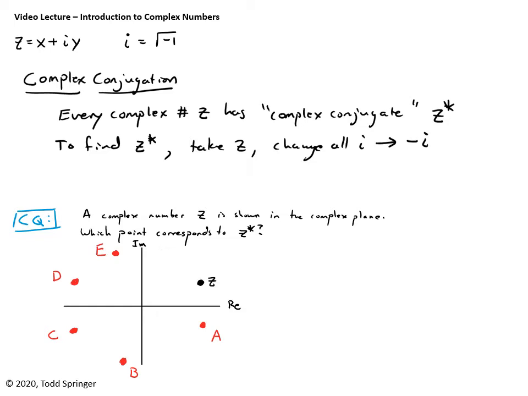So this will be something that you can use to check yourself, so I won't be going over the answer to this question, but make sure you can understand, based on the definition of the complex conjugate, changing all i's to minus i's, can you answer which one of those is the right answer? So we have the complex number z, x plus iy, and we have its complex conjugate z star is x minus iy.